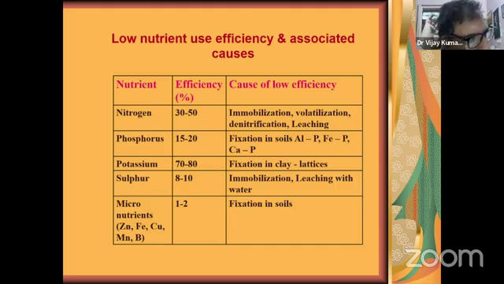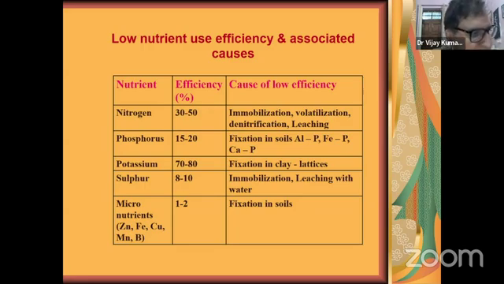Largely we will be talking about the method of application, but balanced use integrates all these things: timely application, the right amount, the time of application, and also the method of application.